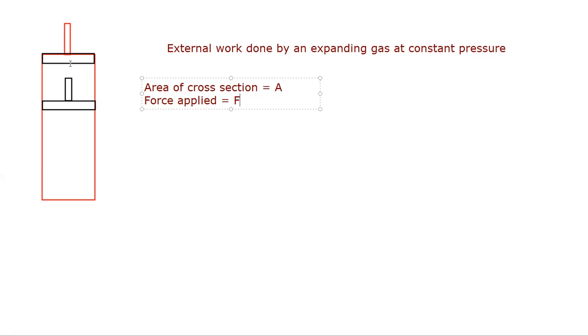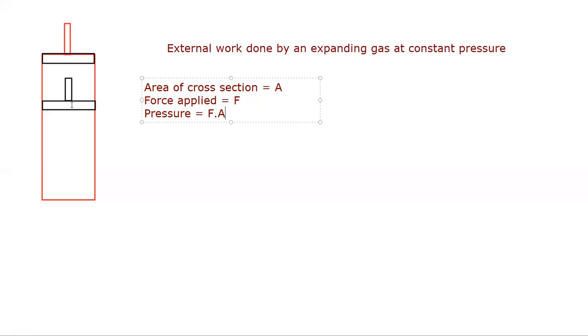Now what happens if we apply a force here, then it is converted into pressure. Now if we give the gas a pressure, the gas itself will apply a pressure on this piston in the opposite direction.